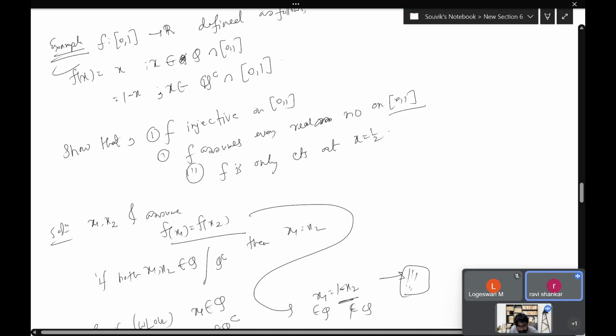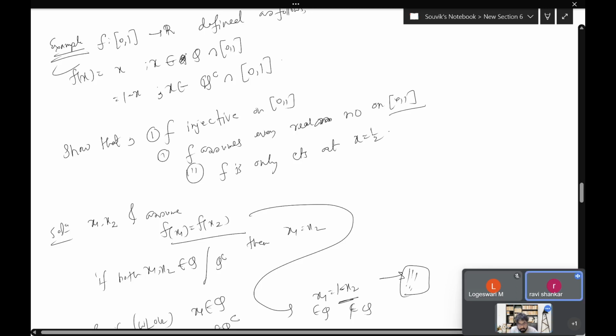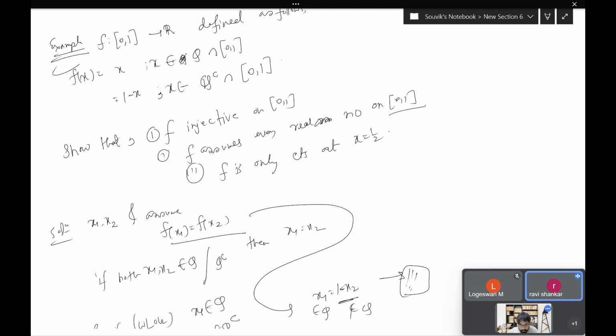Sir, it will be injective on (0, 1). Yes, definitely right. Through contradiction also we can prove this, by taking f(x1) equal to f(x2), and in the end we will get x1 equals x2. Yes. So that's the way of showing injectivity, right?